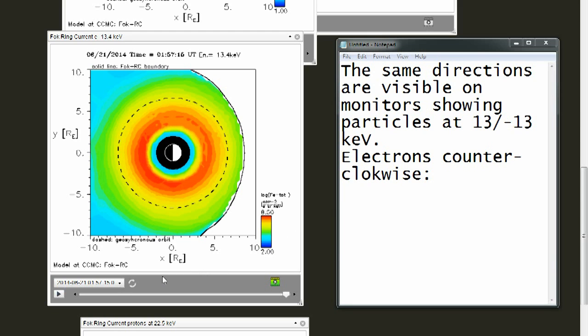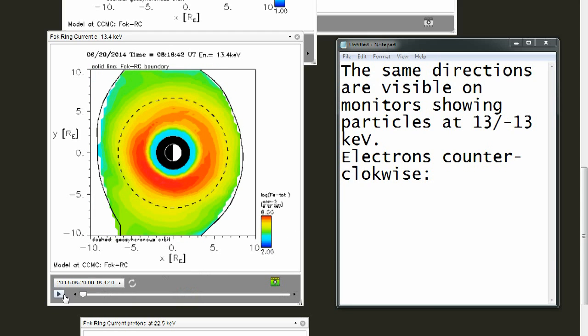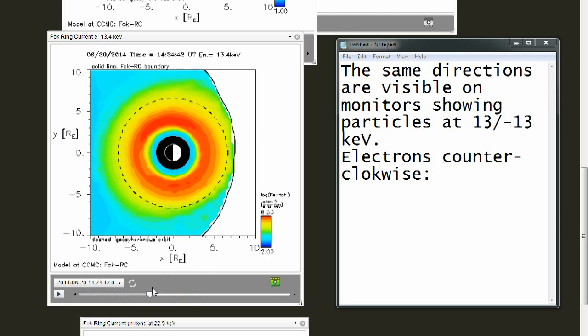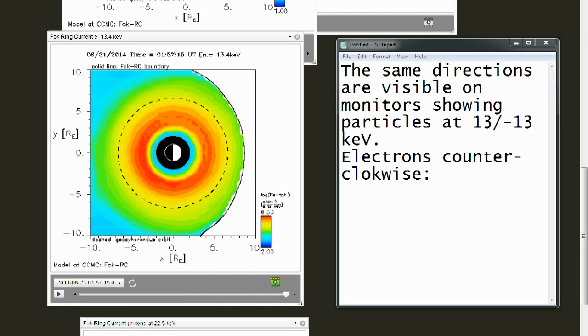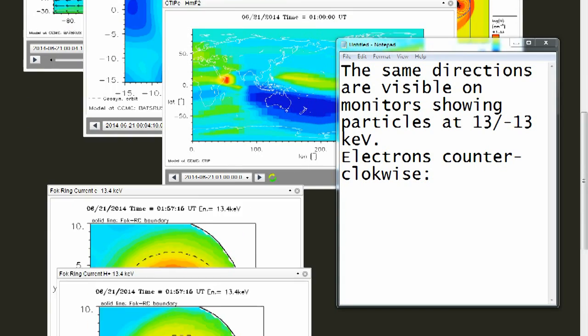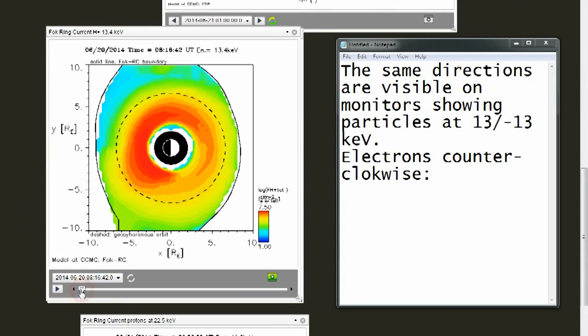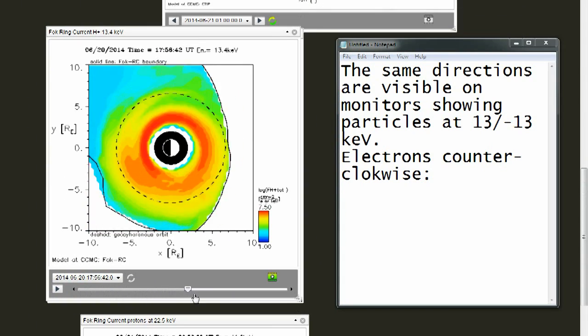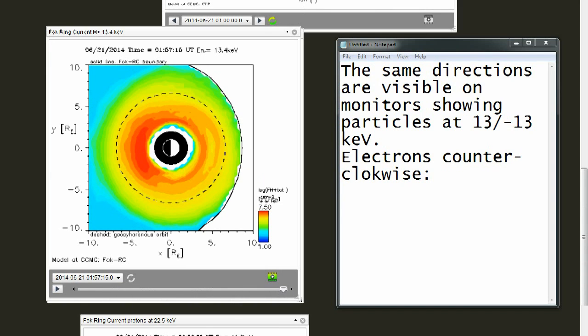Electrons counterclockwise, and protons clockwise.